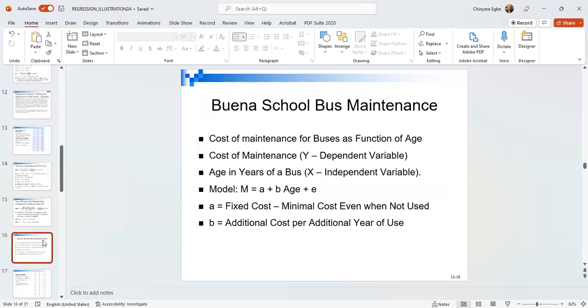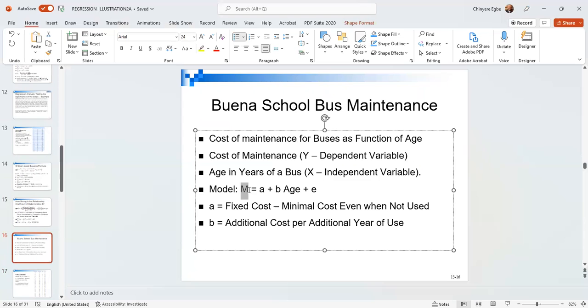Here's another example. The cost of maintenance of a bus as a function of age. So we know very well that the cost of maintenance depends on also the age. Like the older your vehicle gets, the more money you are likely to spend on the maintenance. So we specify a model, M, as a dependent variable, which is the maintenance expense per year, and B as the rate of change.